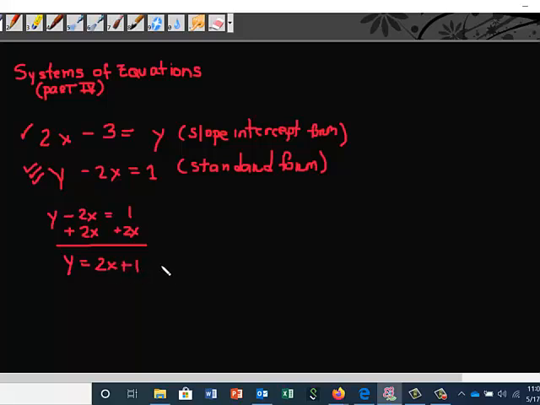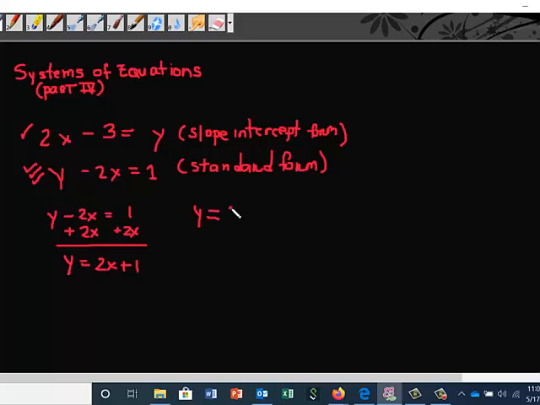So now look at this very closely. I'm going to shift this other equation. It's still going to be the same, but I'm going to write it where y is equal to 2x minus 3.